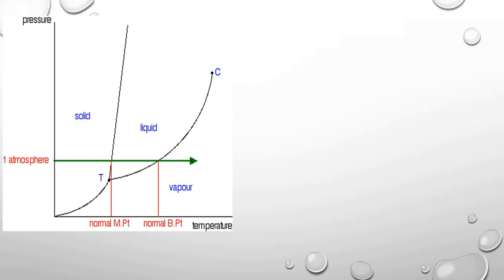So you just add that to your chart, knowing that wherever the pressure is 1 atmosphere going across, wherever it hits those two lines, going from solid to liquid is normal melting point, going from a liquid to a gas is normal boiling point. Now if it came across below here, then I would only have 1 normal point and it would be a sublimation point.